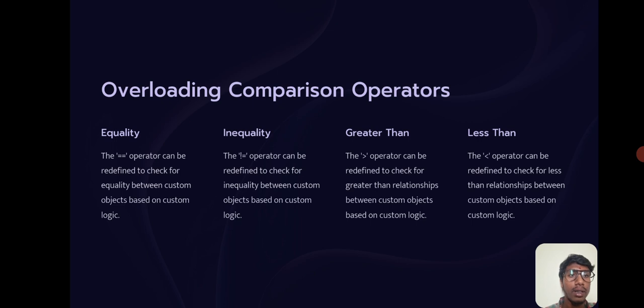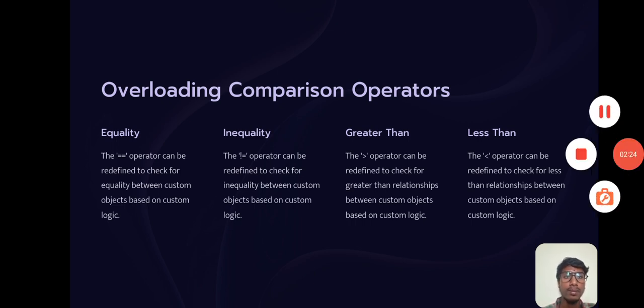Greater than. The greater than operator can be redefined to check for a greater than relationship between custom objects based on custom logic. Less than. The less than operator can be redefined to check for a less than relationship between custom objects based on custom logic.